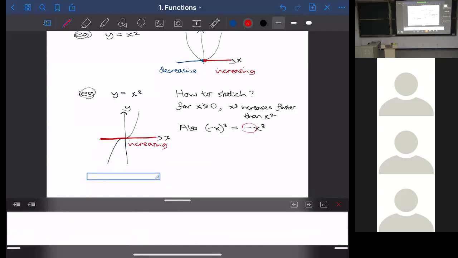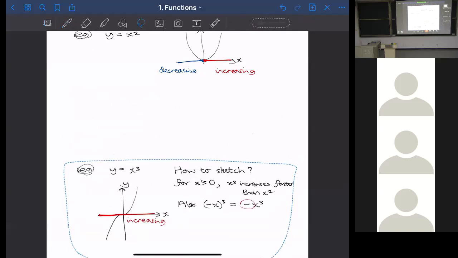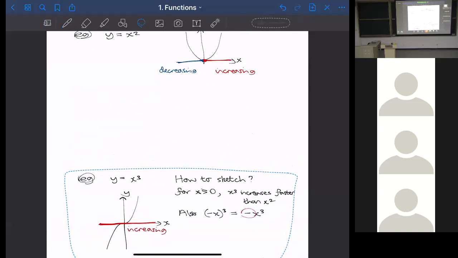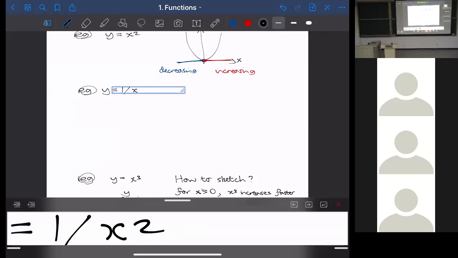Okay, let's do one more example. Example: y equals 1 over x squared.